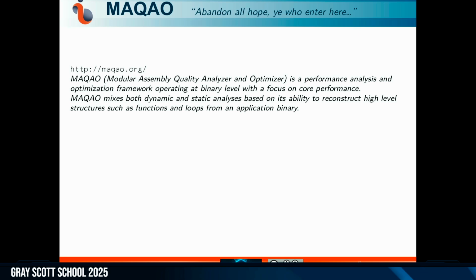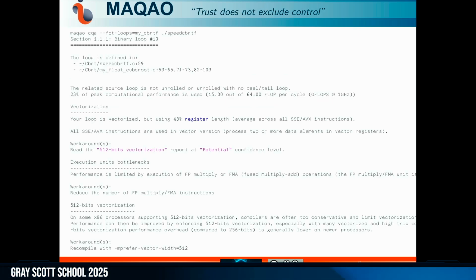So let's use MAQAO, even if it's not so good for the morale of the troop. Okay, so here the results are given with the latest MAQAO version, the version that in the end succeeded to compile.